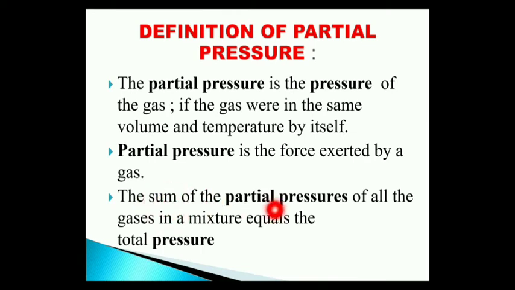By adding the partial pressures of all the gases. If you sum the partial pressures of the gases present in a mixture, you will get the total pressure being exerted by the gas.